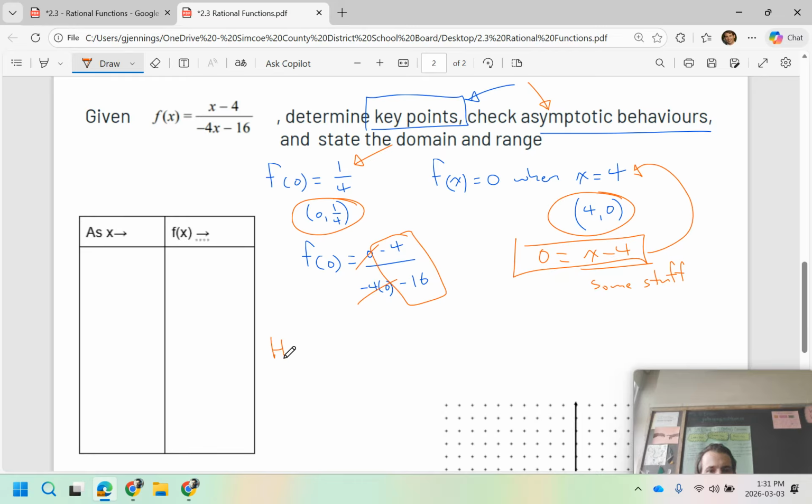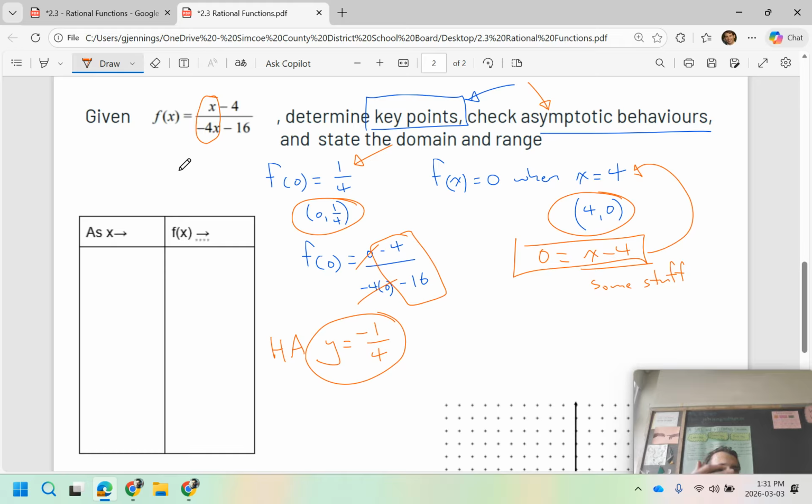Where is our horizontal asymptote? Our horizontal asymptote is at y is equal to -1/4. That was very well said. I agree with you. How do you know that to be true? It's just the ratio of these coefficients.